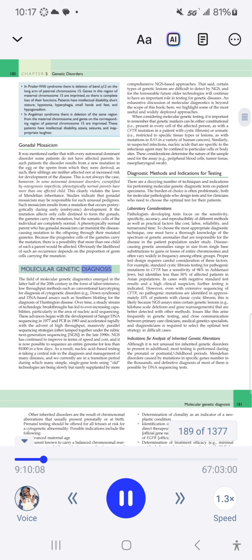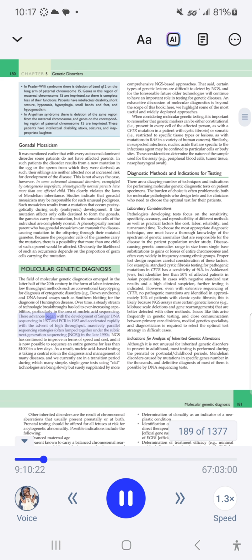Molecular genetic diagnosis. The field of molecular genetic diagnostics emerged in the latter half of the 20th century in the form of labor-intensive, low-throughput methods such as conventional karyotyping for diagnosis of cytogenetic disorders, e.g. Down syndrome, and DNA-based assays such as Southern blotting for the diagnosis of Huntington disease. Over time, a steady stream of technologic breakthroughs has led to ever-increasing capabilities, particularly in the area of nucleic acid sequencing.